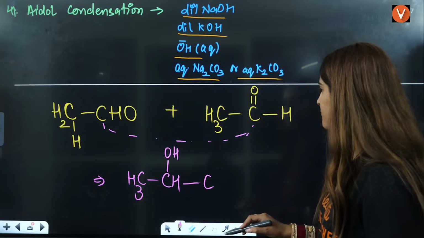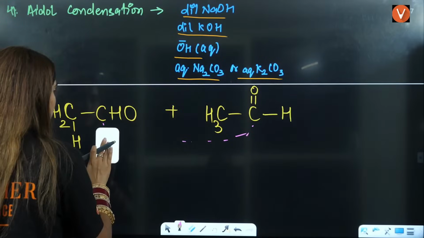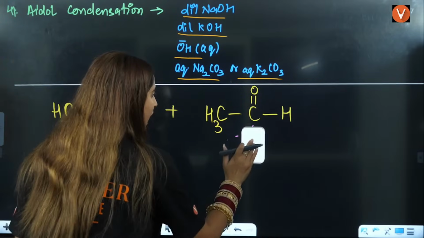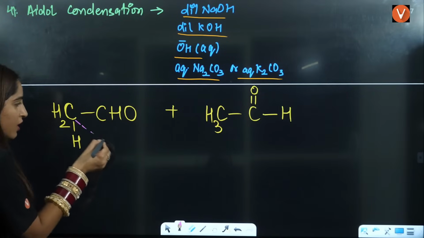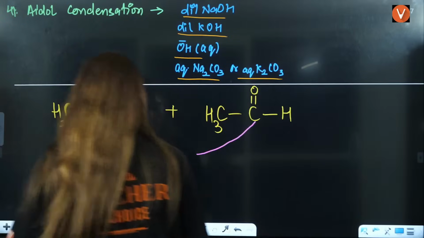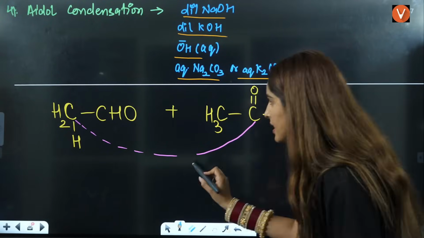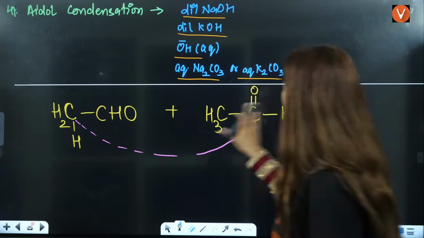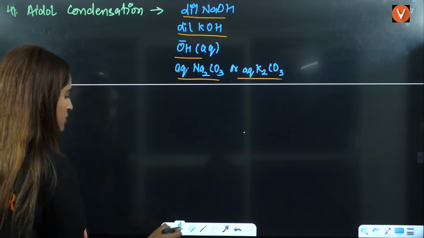Wait a minute, not this carbon, mistake. Carbonyl carbon to alpha carbon. This is the alpha carbon. Alpha carbon to carbonyl carbon. Okay? Let us write it on the next page.